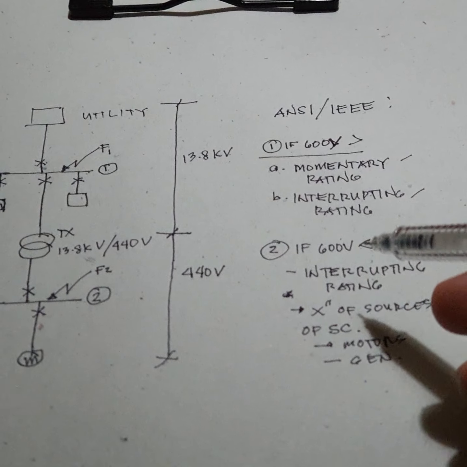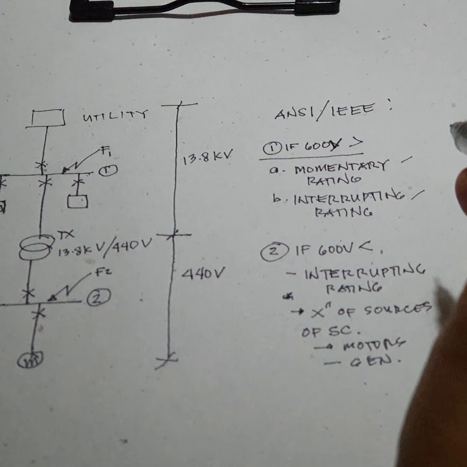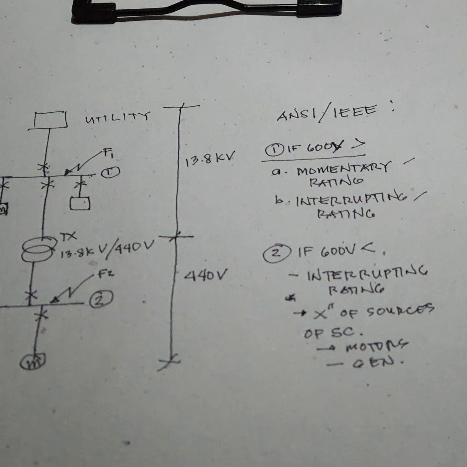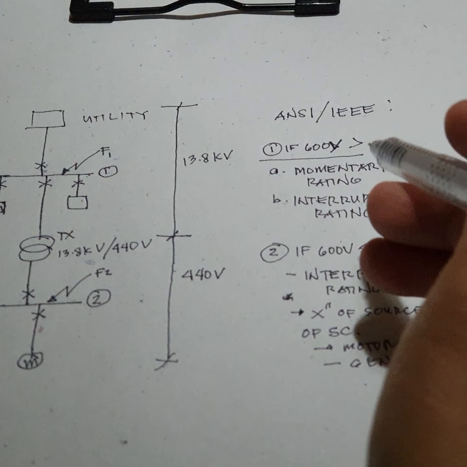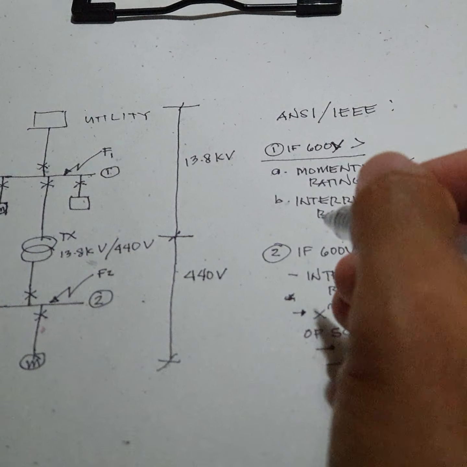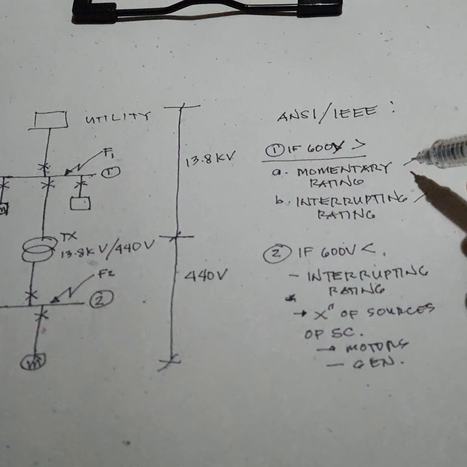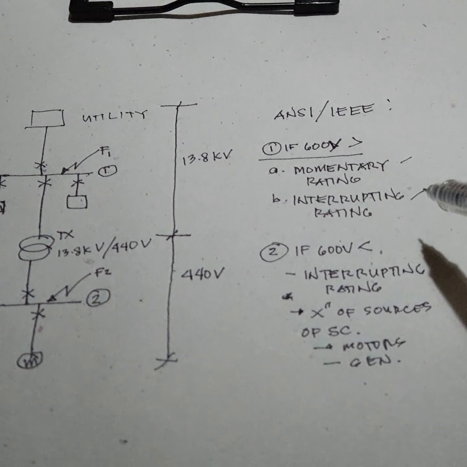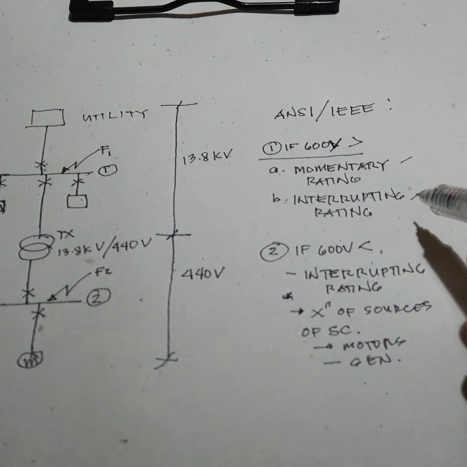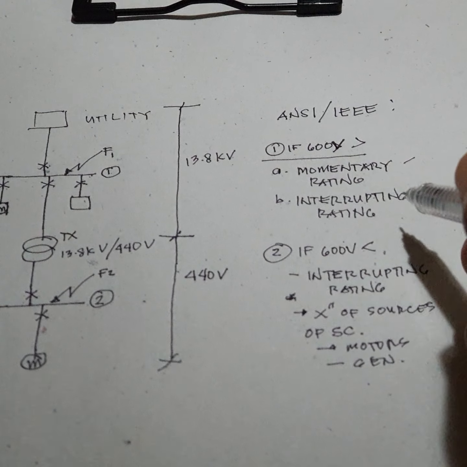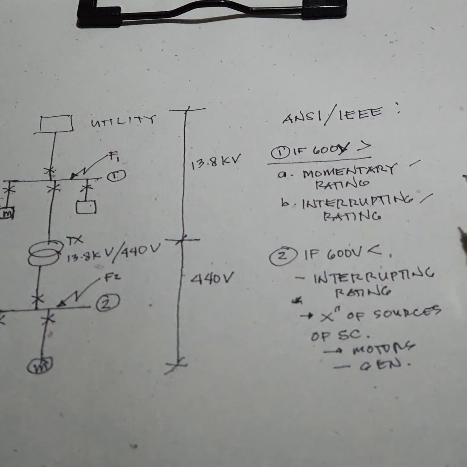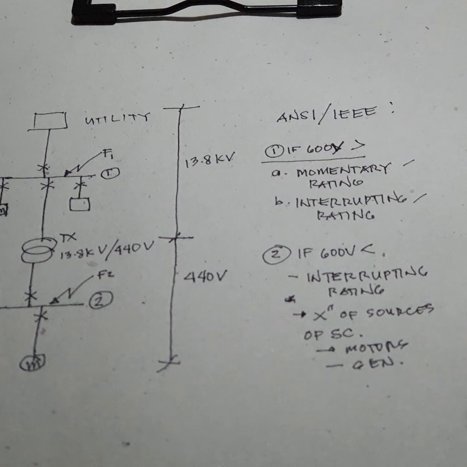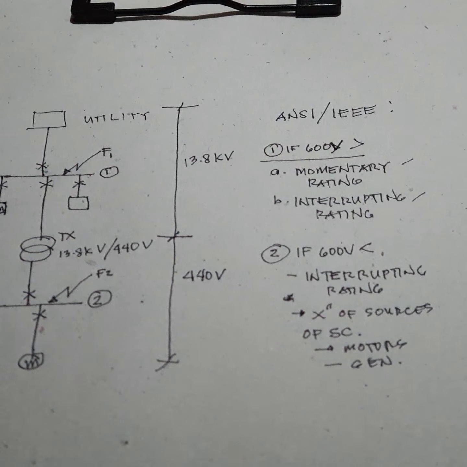And also when you are preparing the impedance diagram, you have to have a separate impedance diagram for calculating the momentary rating and another impedance diagram for the interrupting rating, because the reactances of the motors are different for the momentary and the interrupting rating, and that will be discussed in the next video.